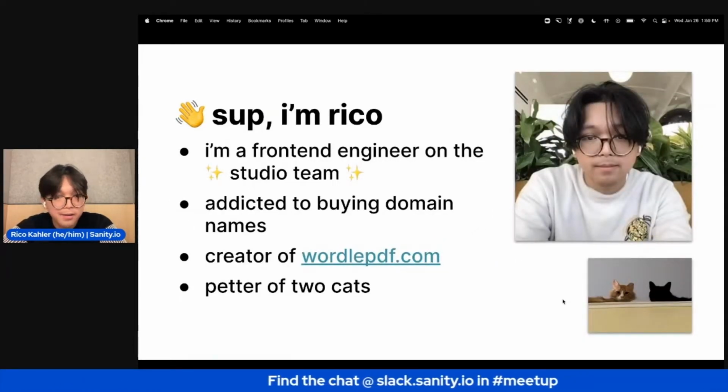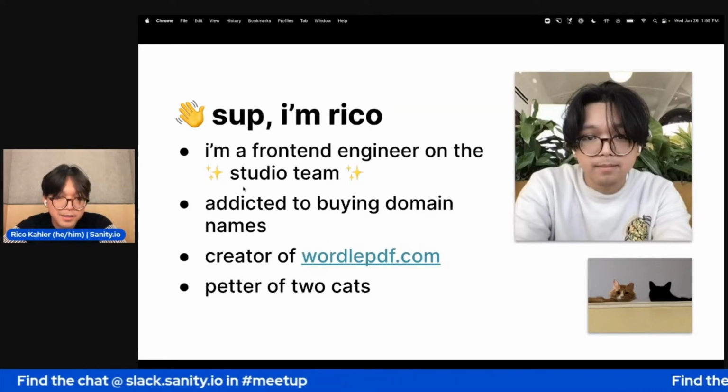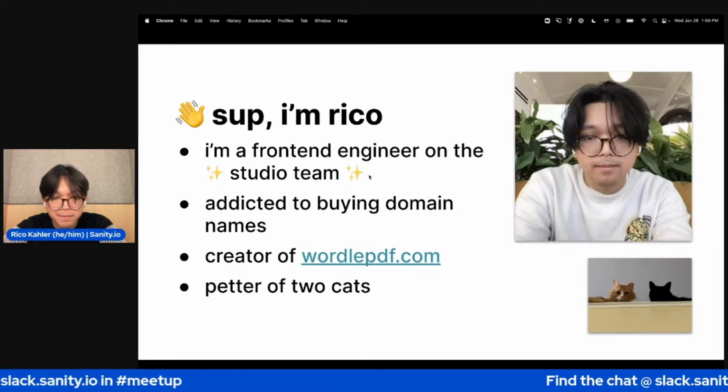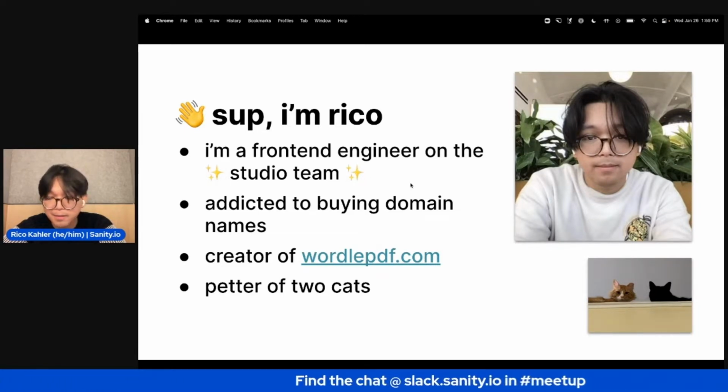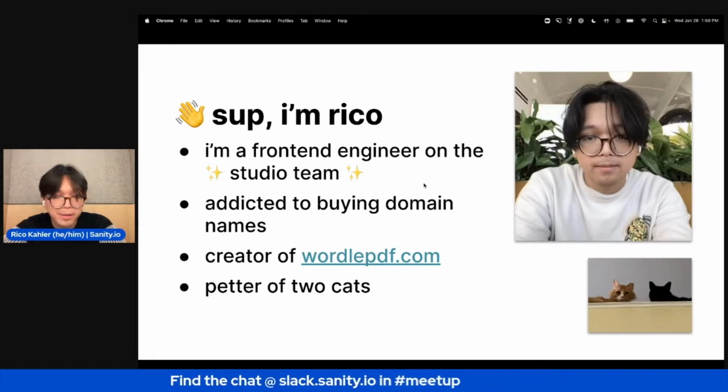Hello, I'm Rico. I am a front-end engineer on the Studio team. I've created features alongside other team members, including references in place, which was a fun one to ship.